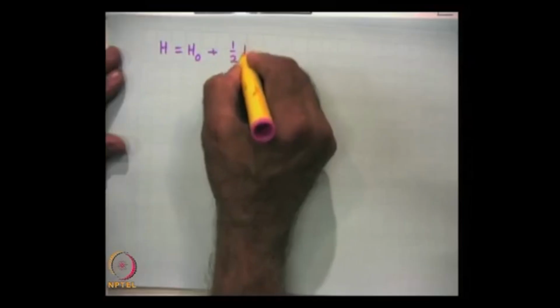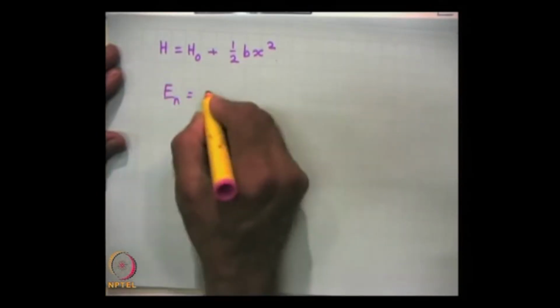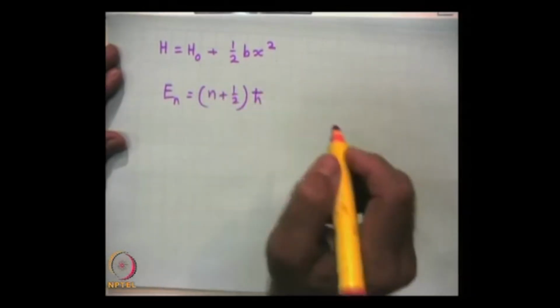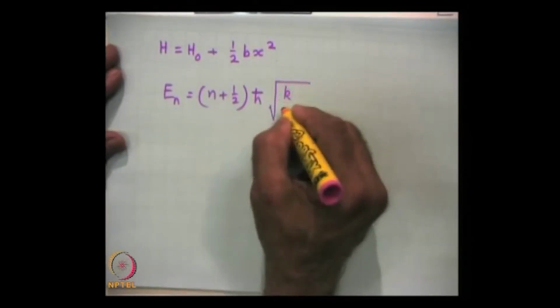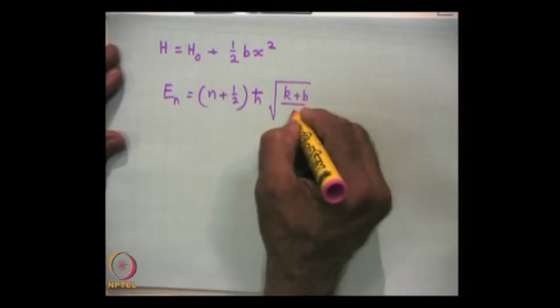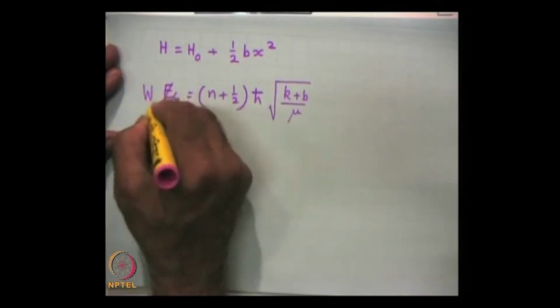When H is equal to H naught plus half b x square, we know that initially the energy eigenvalues were E n is equal to n plus half h cross omega, and omega was root of k by mu. Now it will be root of k plus b by mu. So this is my W n rigorously.